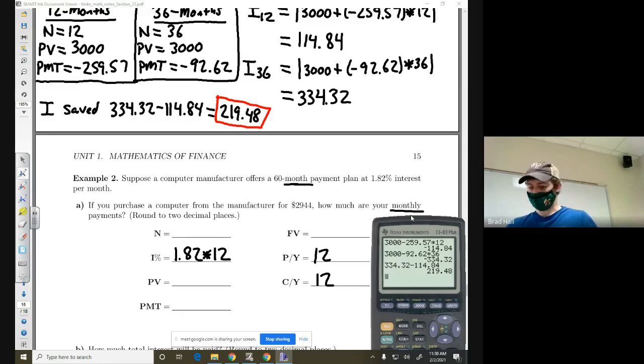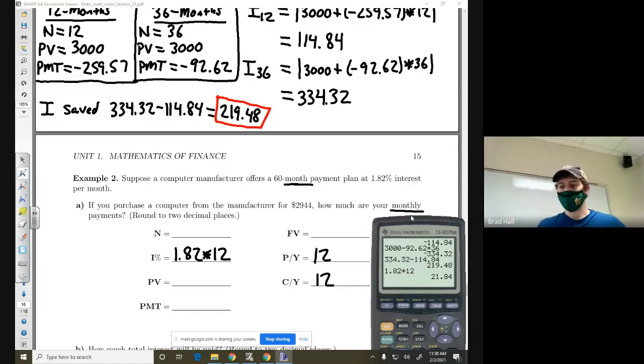But that's per month, which means they're dividing the true value by 12. What you're actually paying is 21.84% interest. So that is, frankly, a ripoff. In my opinion, that's a very high interest rate.